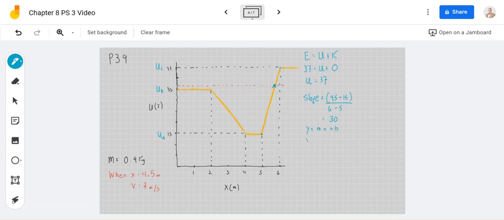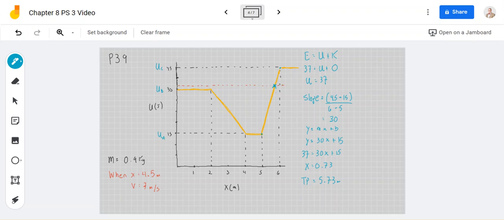If I write my y equals mx plus b, slope is 30, my intercept here is going to be 15, and I know my value is 37, so let's calculate that. So x equals 0.73, and so the turning point, I started counting at 5, so 5.73 meters.